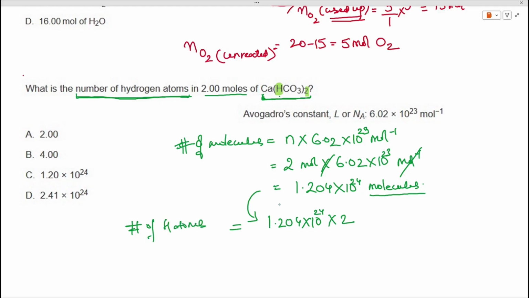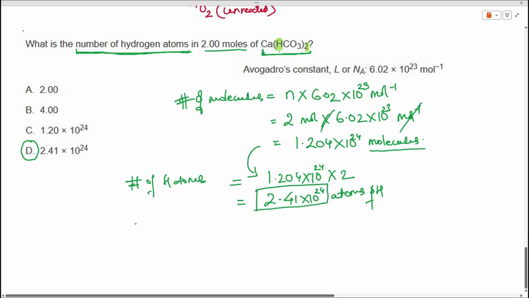And this gives us 2.41 times 10 to the power of 24 atoms of hydrogen. So the right option is option D.